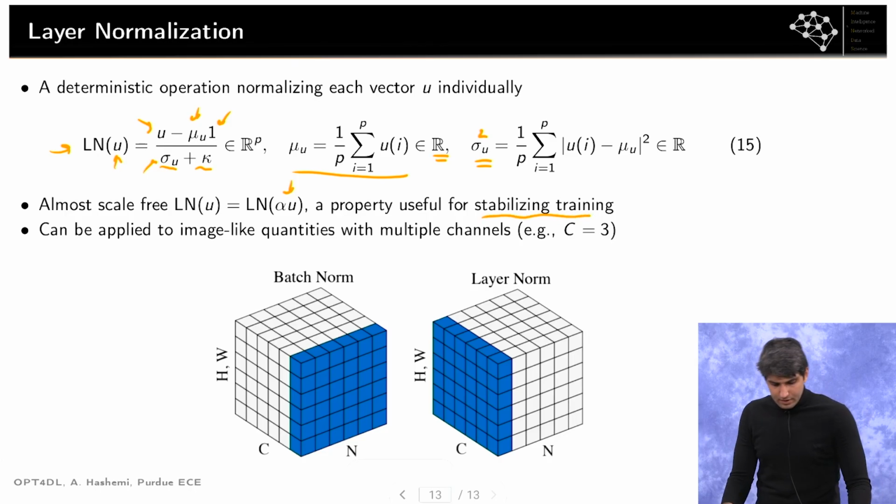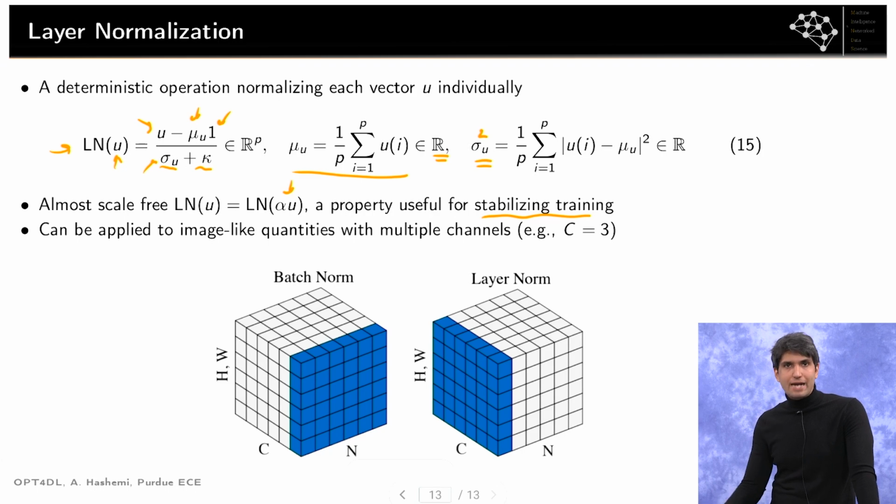Now, in this context we introduced batch normalization and layer normalization for vectors. In practice, we are actually dealing with matrices and tensors. Nonetheless, we can apply these ideas to quantities that are not necessarily vectors, for instance, image-like quantities that could have multiple channels.